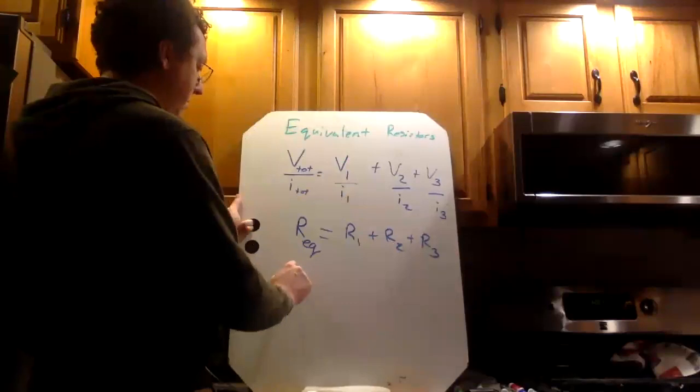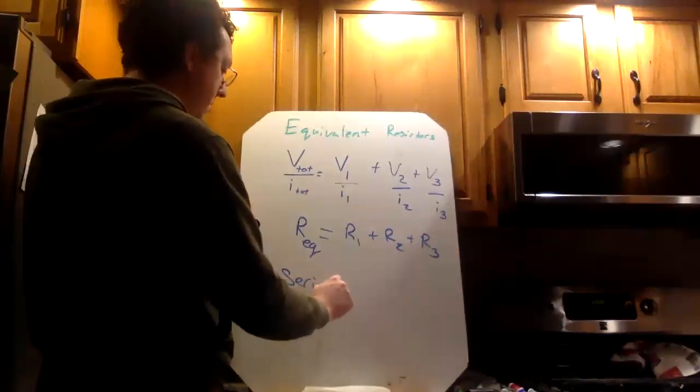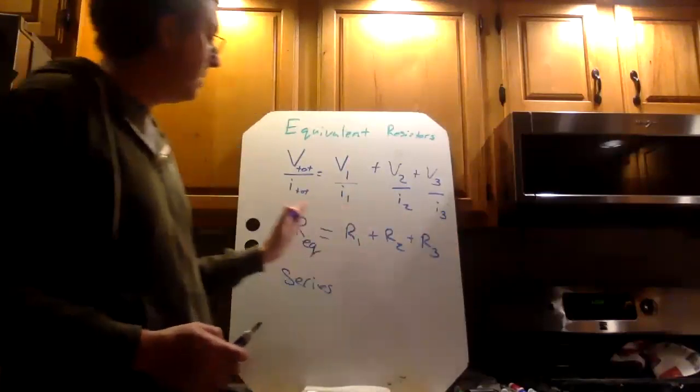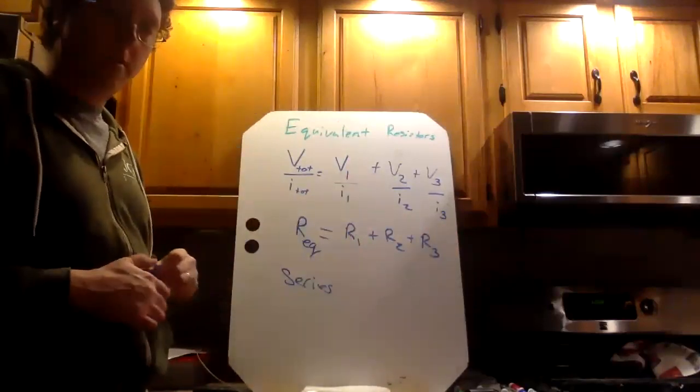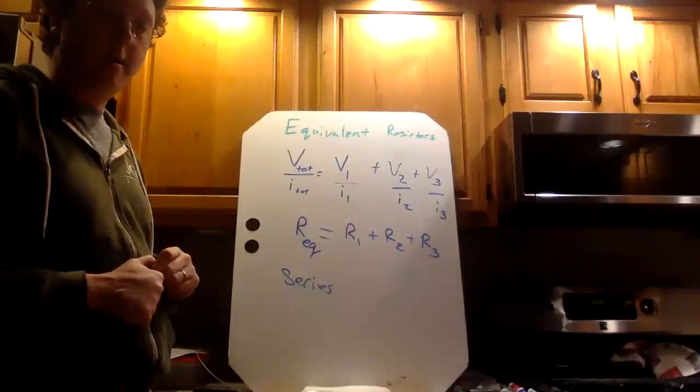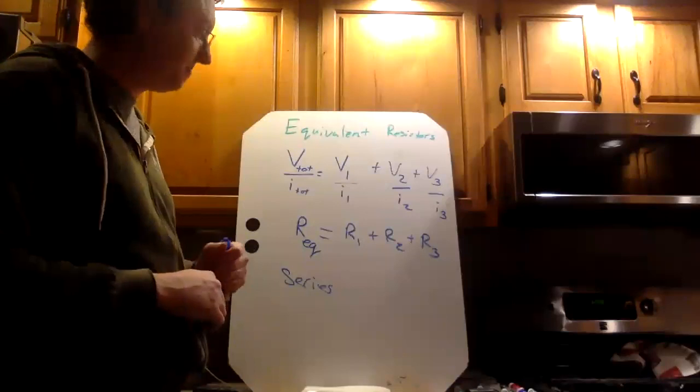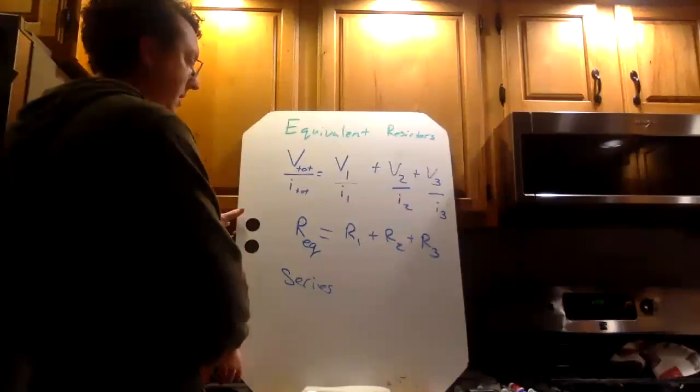So this is the formula for resistors in series. Their total resistance is just the sum of all the separate resistances. Just add them up. Easy.